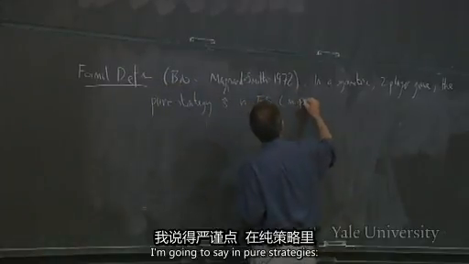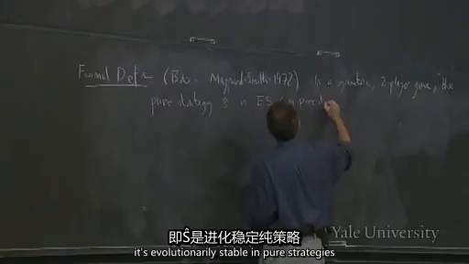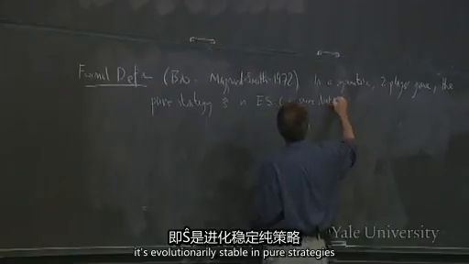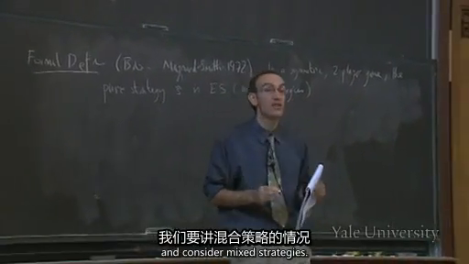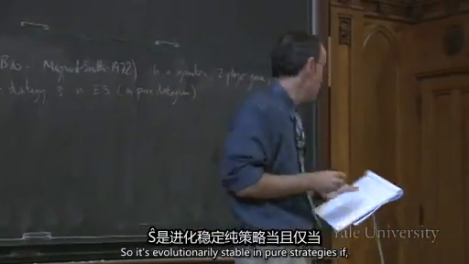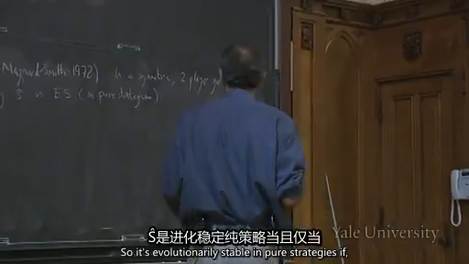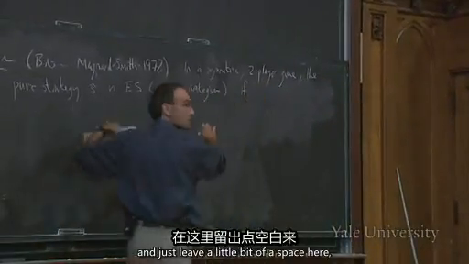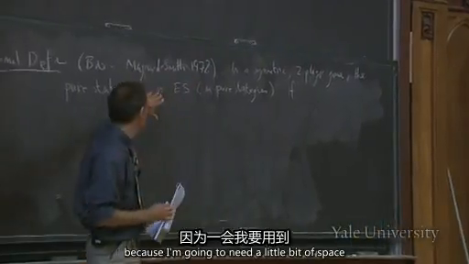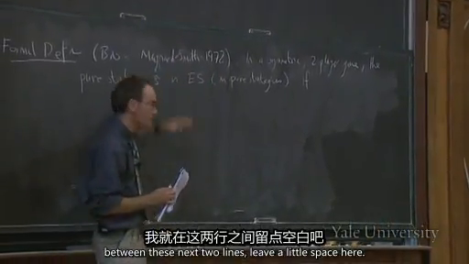I'm going to say in pure strategies. It's evolutionarily stable in pure strategies. I'm putting this in because we're going to come back on Monday and consider mixed strategies. Right? So it's evolutionarily stable in pure strategies if, and just leave a little bit of a space here, because I'm going to need a little bit of space between these next two lines. Leave a little space here.